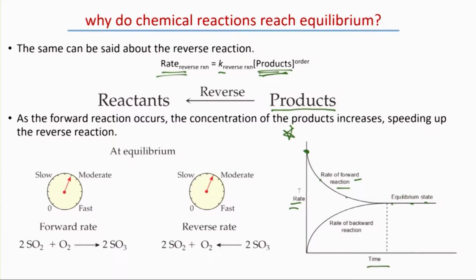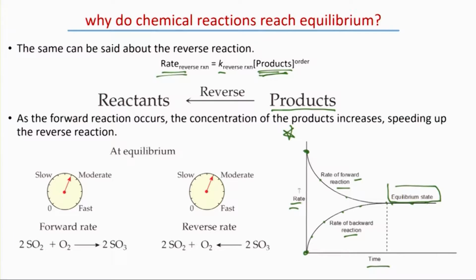We just said that the rate of the backward or reverse reaction is going to start very small, at 0, since we won't have any products initially. As the forward reaction takes off, you'll start getting more products, and the rate of the reverse reaction starts speeding up until we've hit some time where we are now in an equilibrium state. And now you can see that the rate of the forward and the rate of the reverse are equal to each other, and this is what we call equilibrium.